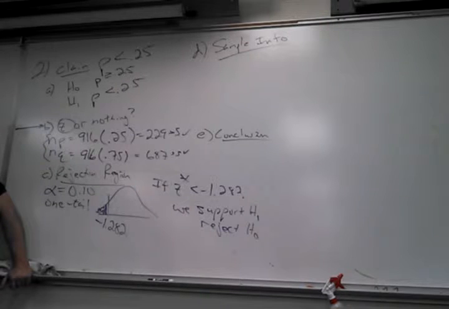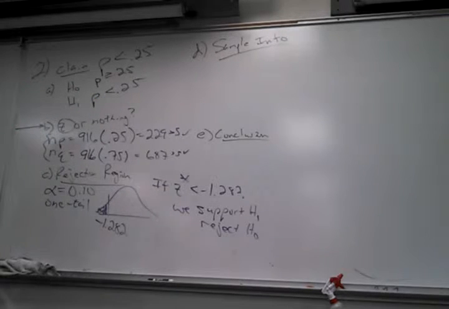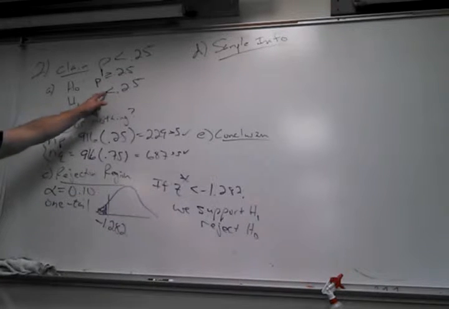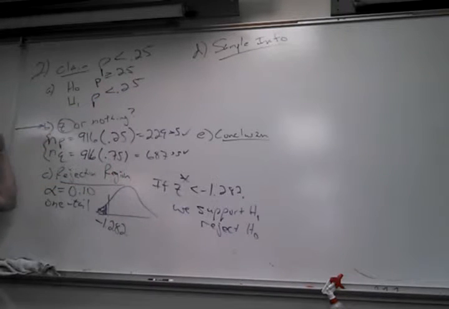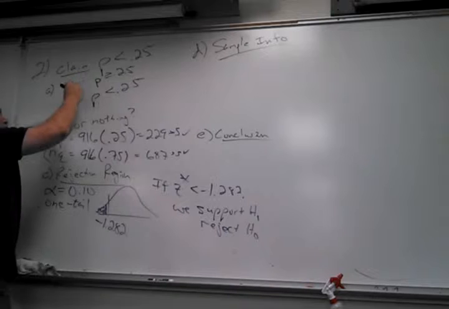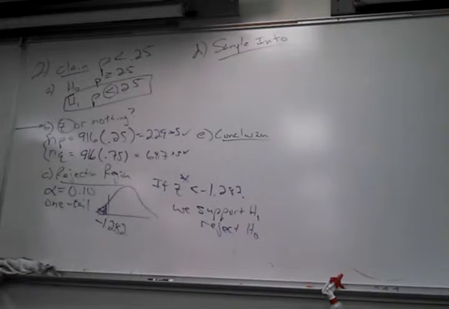Why is it less than? I don't know. Why is this one less than? When I did z star, if z star is less than, I thought it was going to be comparing. Where's my rejection region going to be, though? I want my sample to show up below 25%, so I want it to be down there. Here's the beautiful thing. H1 always sets up where the rejection region is, and that points in the direction of the rejection region.